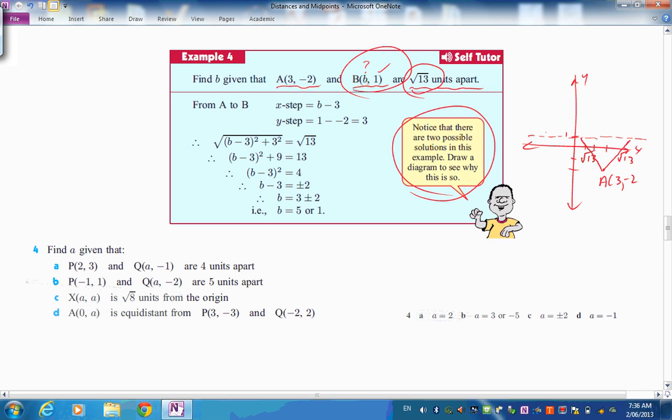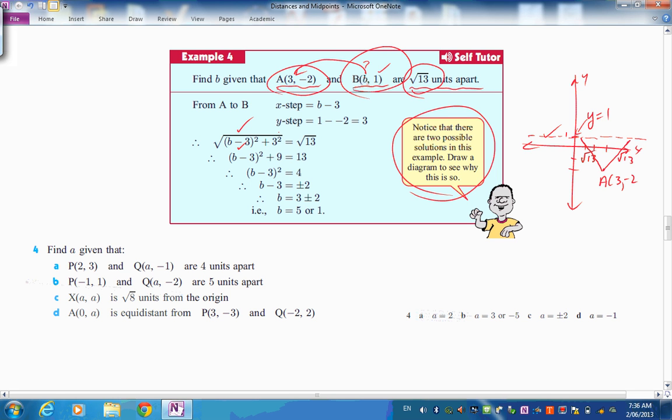So B has to lie on this line because the Y is 1, and we're told that. But it could lie in 2 different positions there on that line. So we sort of can see that. Let's go and try and do the distance formula now. And the distance formula between these 2 points would be the square root of B take 3 squared.